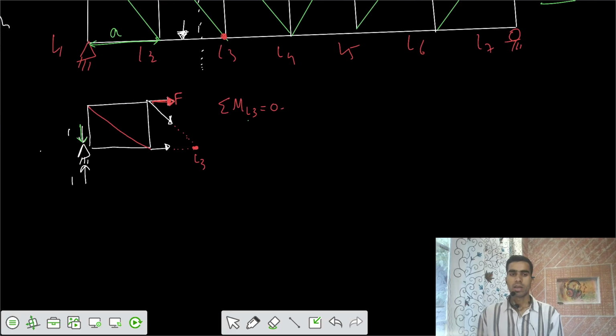That means if I write 1 into 2A minus 1 into 2A, one is clockwise, the next one is the anti-clockwise reaction. Then we have the clockwise moment of F into the vertical height H, that equals 0. So F equals 0 for the first point.